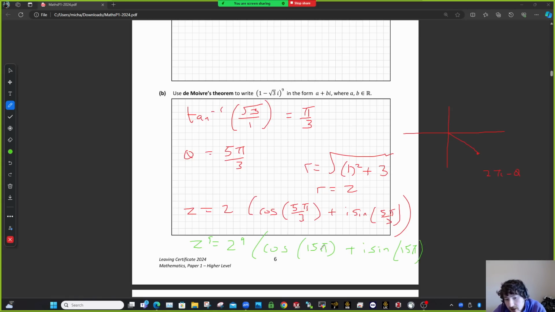What's the value of cos pi? It's minus 1. And sine pi? It's 0, so plus 0i. That's multiplied by 512, so your answer is minus 512. You could also type them into your calculator, which tells you that's minus 1 and that's 0, so that's all good.